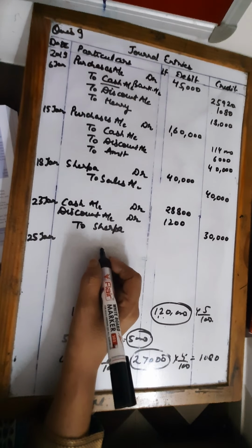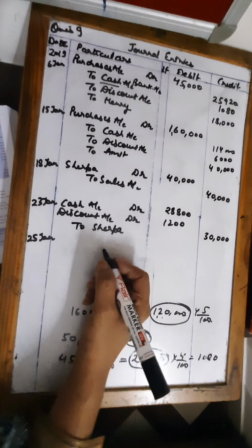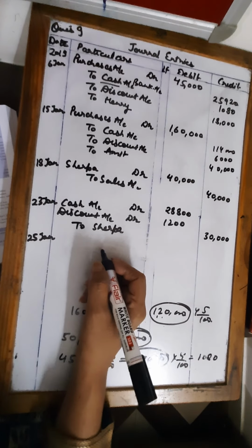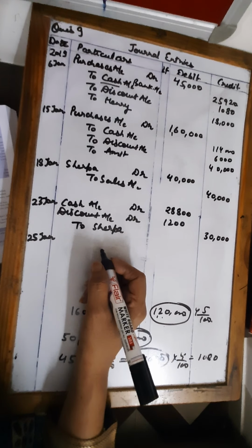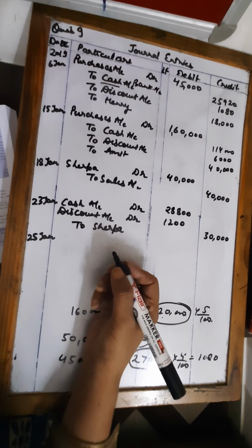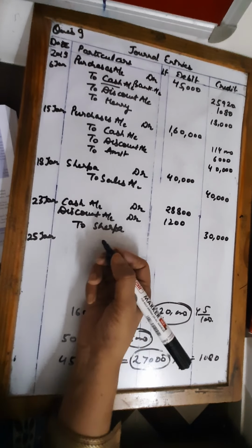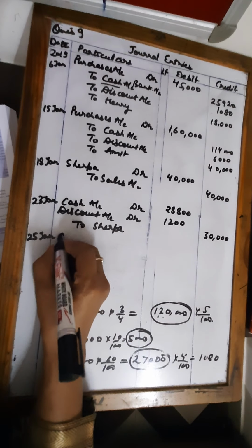Sold goods to Garima for rupees 1 lakh, allowed her 20% trade discount and 5% cash discount if the payment is made within 15 days. She paid 1/4 of the amount by check on February 5th and 60% of the remainder on February 15th in cash. So first we will pass the entry for credit sale.